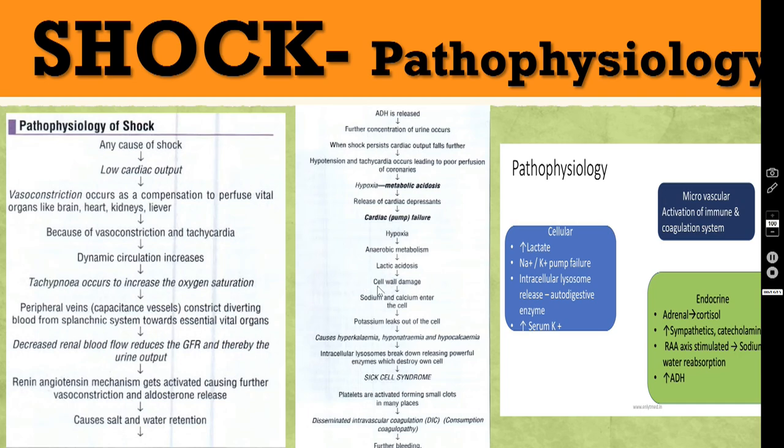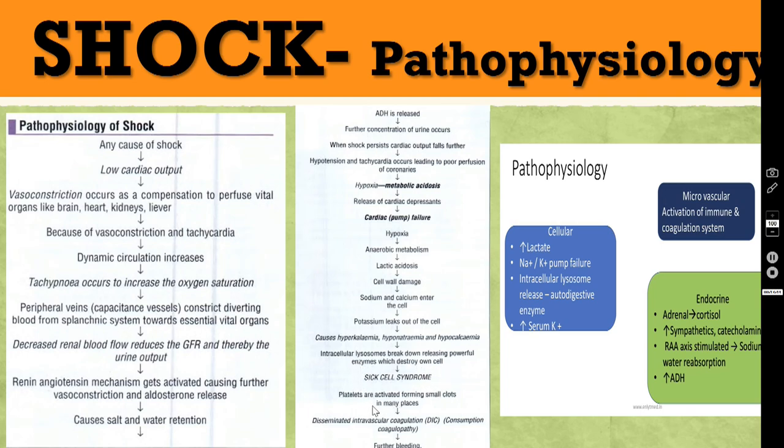Now the cell wall damages, even the sodium and calcium enter the cell, the potassium leaks out of the cell. Now it will cause hyperkalemia, hyponatremia, and hypocalcemia. The intracellular lysosomes break down, releasing powerful enzymes which destroy the cell itself. This is what is called sick cell syndrome.